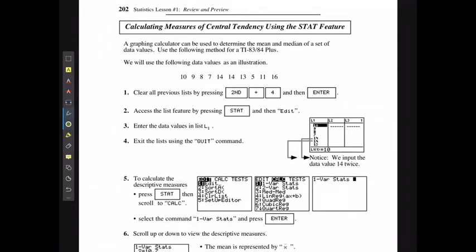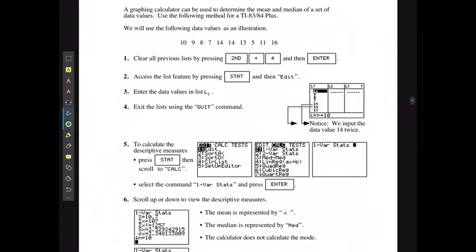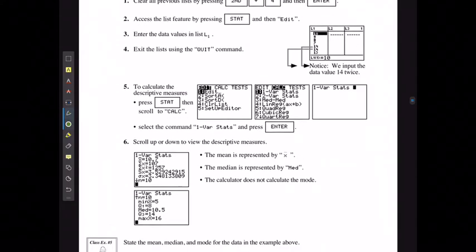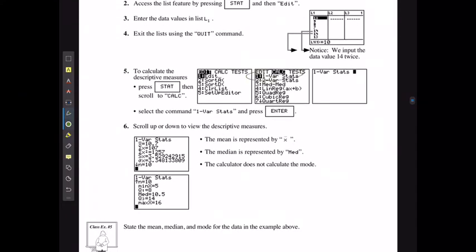What it is showing you how to do is just use the stats function, and you might even want to bookmark these pages in your books so you can have it for reference, showing you how to use the lists and the stats functions in order to solve this data. So clear all the lists, access the list feature by going to stat and edit, and you're going to put all the numbers, if you just have one set of numbers, into list 1. Then you're going to quit out of there, and you're going to calculate the one variation stats.